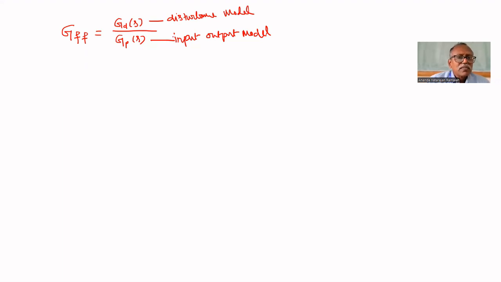The feed forward controller is the ratio between disturbance model and input output model. Sometimes it may be unrealizable.